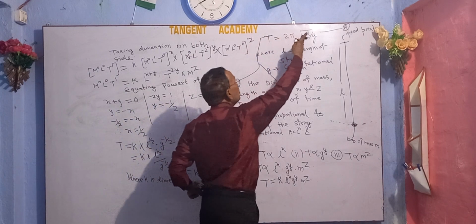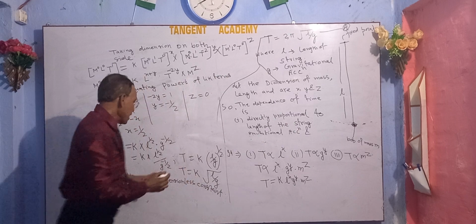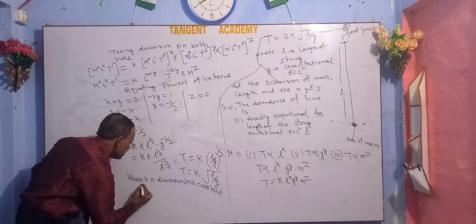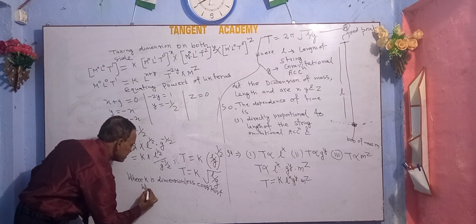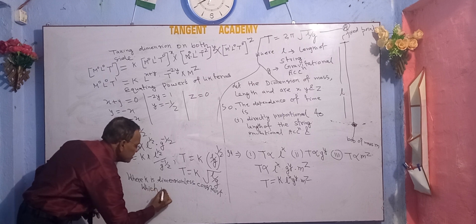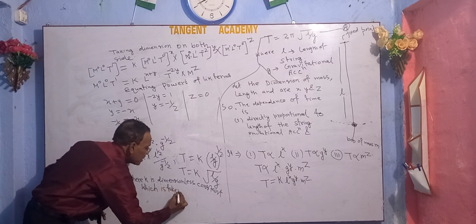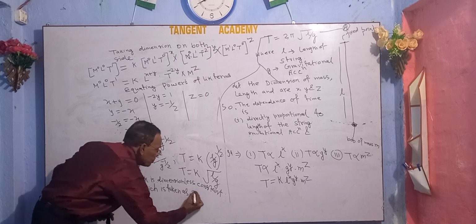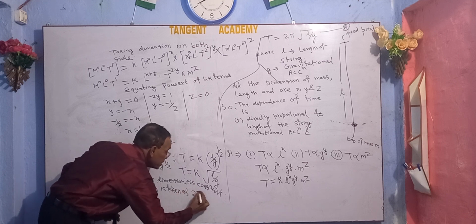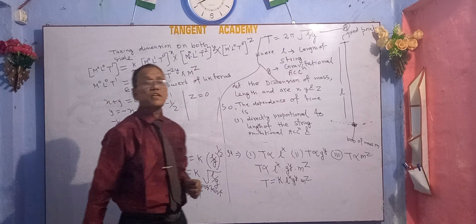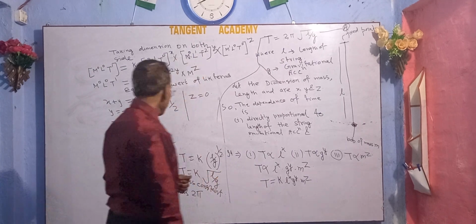T is equal to 2 pi under root L by g, and this dimensionless constant is taken as 2 pi.